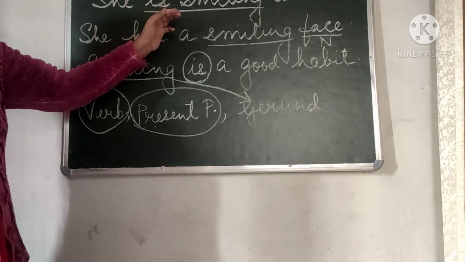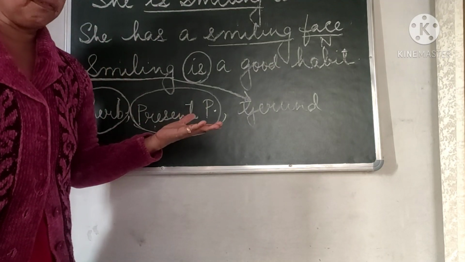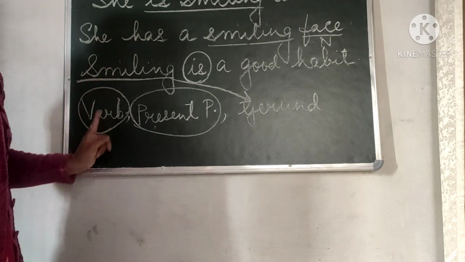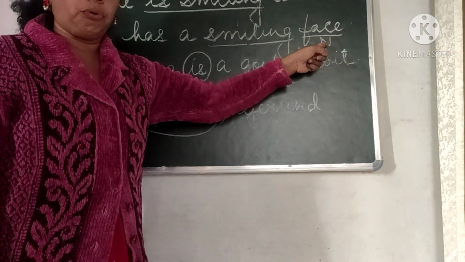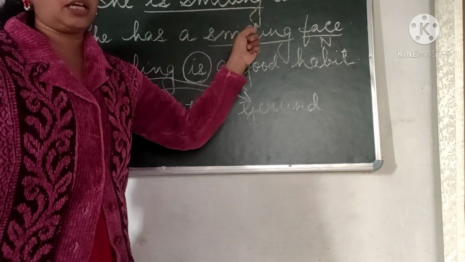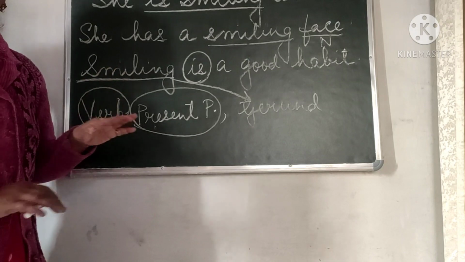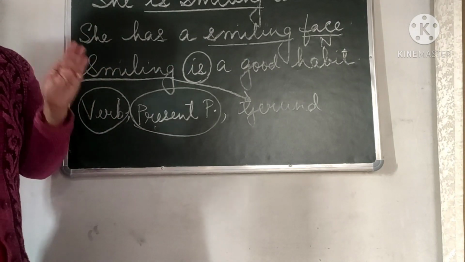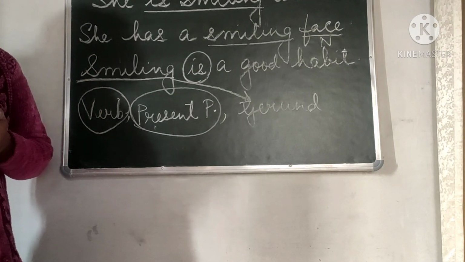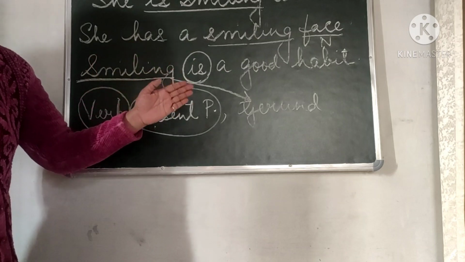Like here, you have to think that it is being used as an action word, so I have to take it as a verb. Here it is describing a noun, so I have to use it as an adjective. Here it is not any action taking place, but it is an act only, which is good. So here it has been used as a gerund.